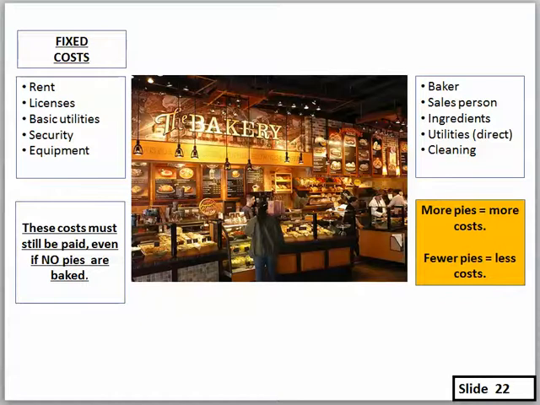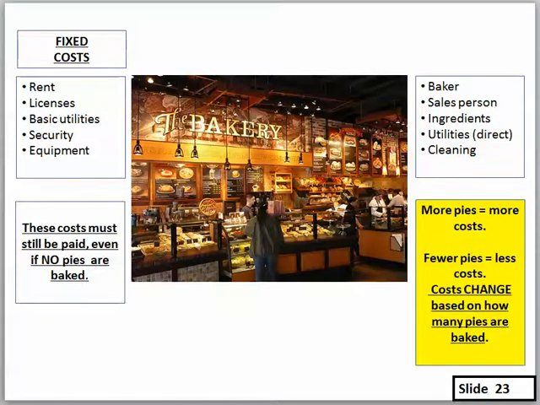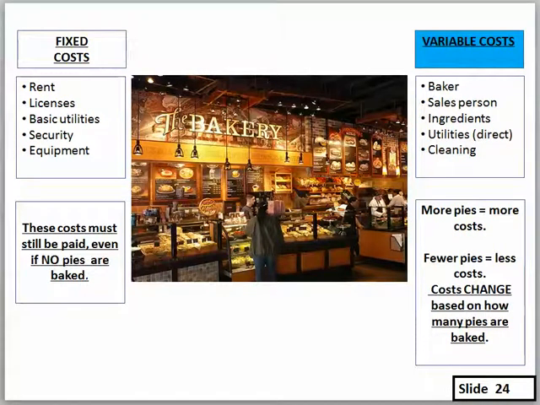If you produce more pies, you're going to have more cost of ingredients and more cost of labor for your baker and your salesperson. The fewer pies you make, the less cost in those areas. So these costs change strictly based on how many pies we choose to produce. So they are called variable costs.